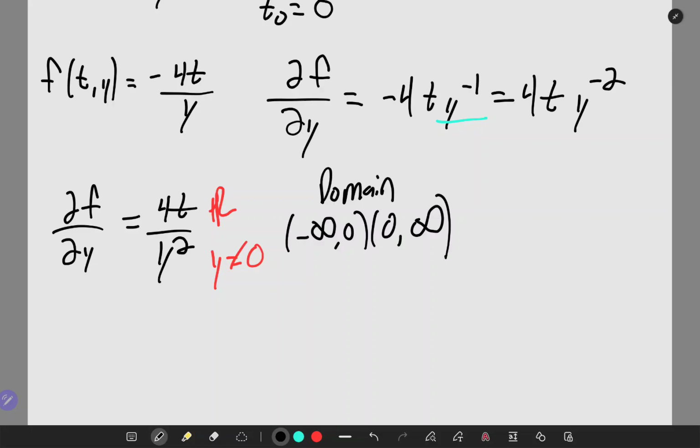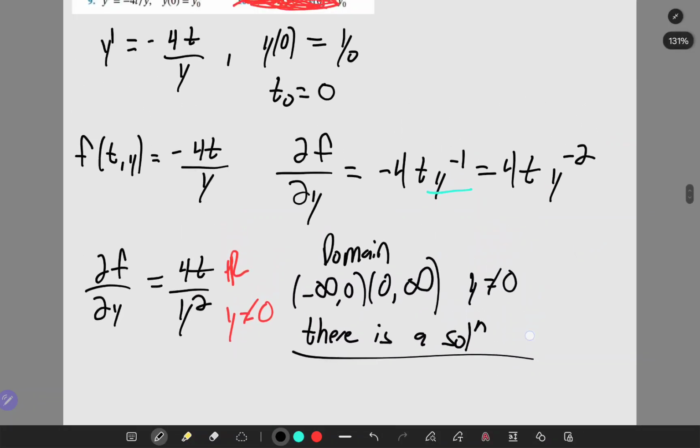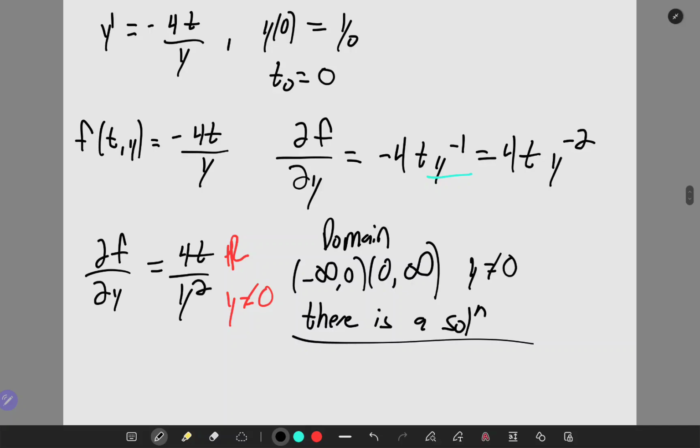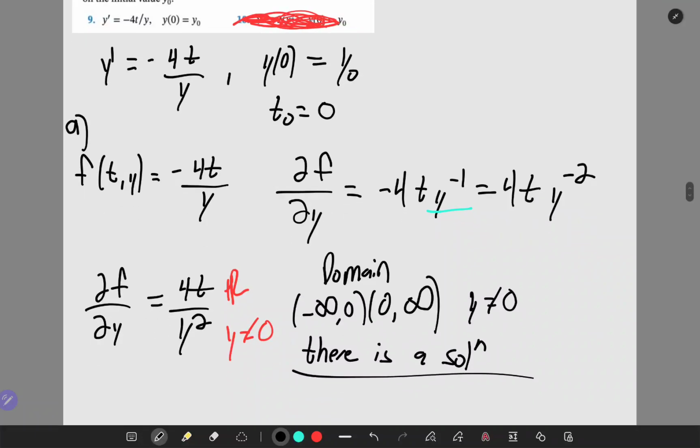So from this, we know that there is going to be a solution. So we can consider this part A. Well, we first see if there is a solution, right? So part A, is there a solution? We found that there is one. Because if you look back up at this one, both of these functions, f and the partial of f with respect to y, are discontinuous at y equals 0.